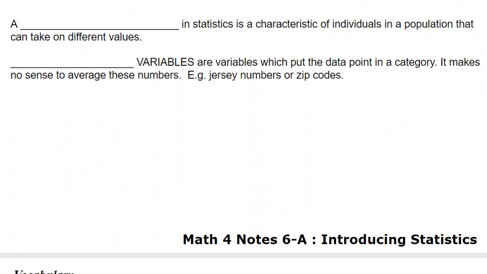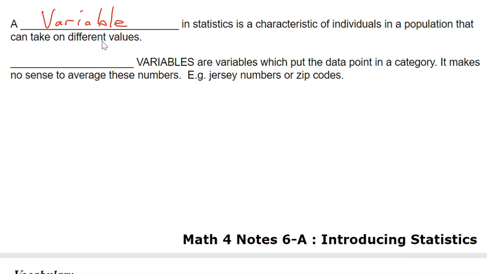Now, let's get into the terminology. Our first term is going to be a variable. A variable in statistics is a characteristic of individuals in a population. They call different values. I would remind you that population and sample are two key terms here.